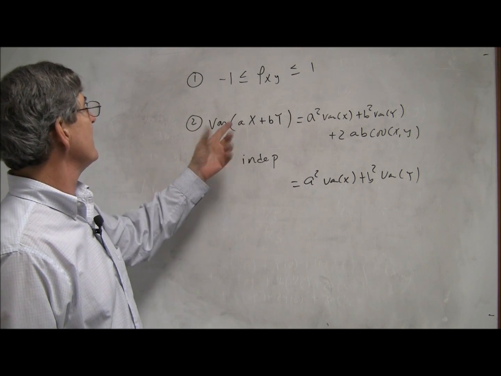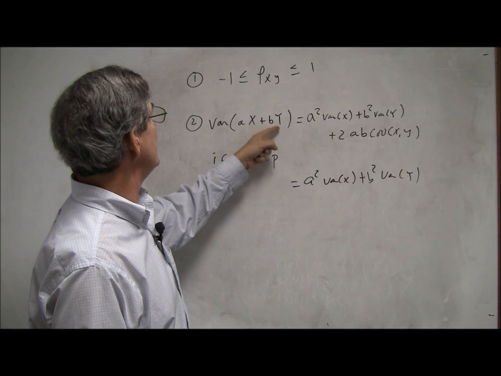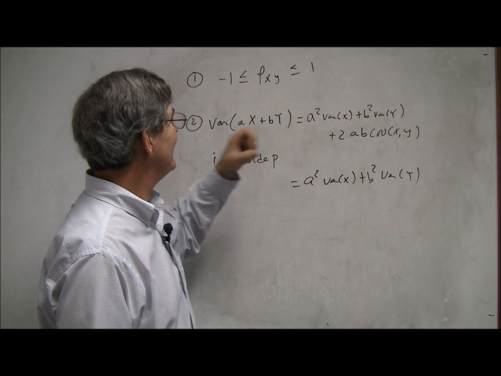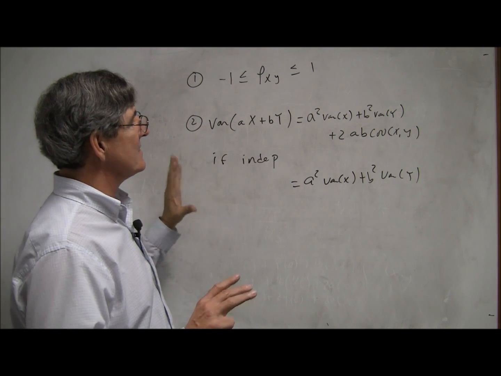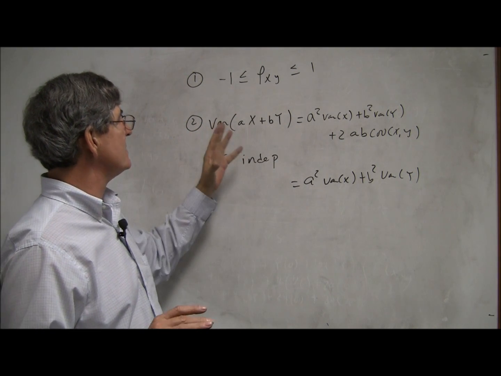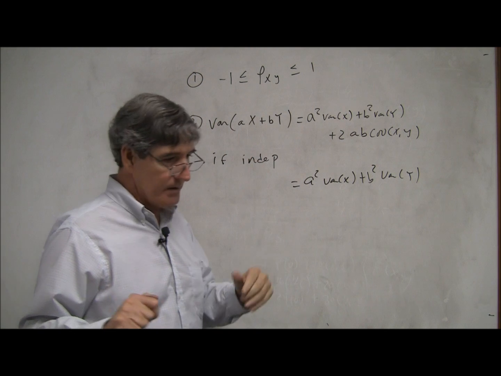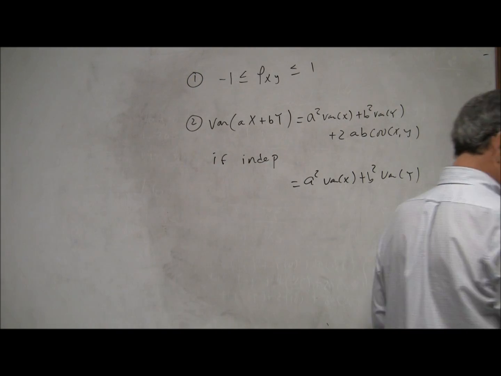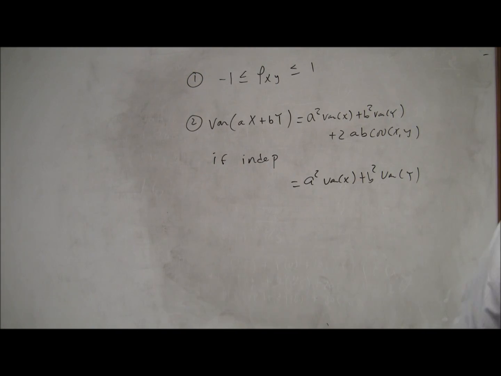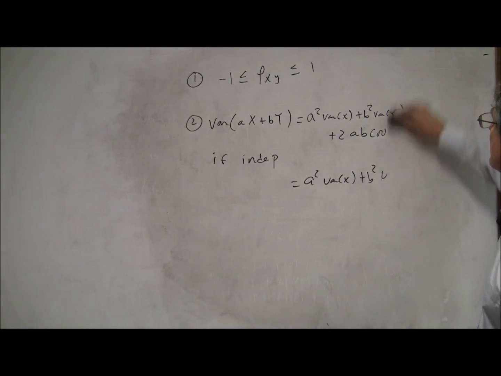I could have a variance of ax plus by plus cz, and it's going to be a slightly more complicated formula, but it's just a generalization of what you're seeing here. Good enough.